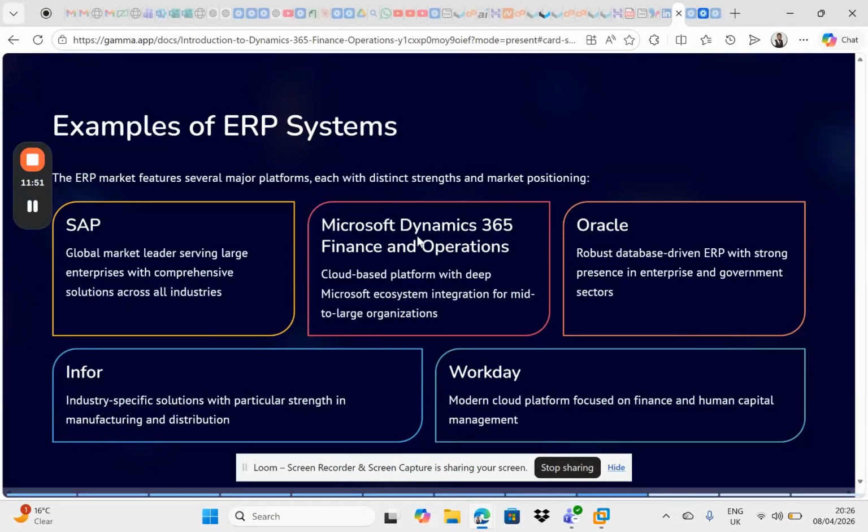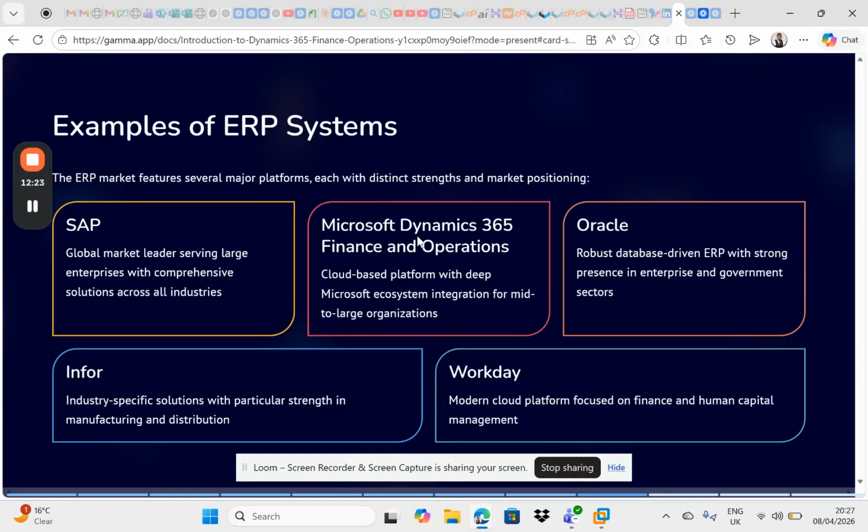You have Dynamics 365 now. Dynamics 365 is a cloud-based system, and it is a Microsoft product, just like Microsoft Word and Power Platform. It is cloud based with deep Microsoft integration, and it serves both medium and large organizations.